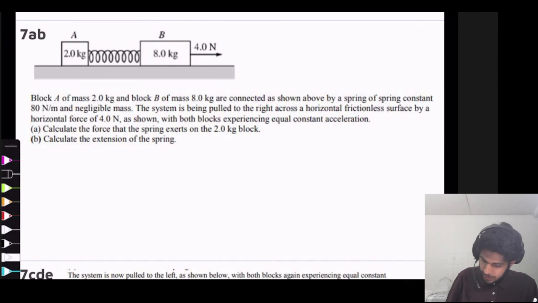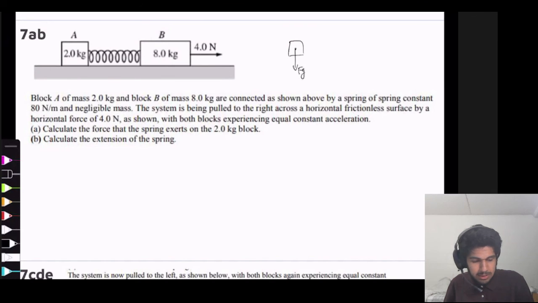Okay. So, how are we going to do this? Well, let's take a look at the 2 kilogram block. What are the forces being applied to it? We have gravity pointing downwards, we have the normal force pointing upwards, and we have the spring force, which is pulling it to the right.